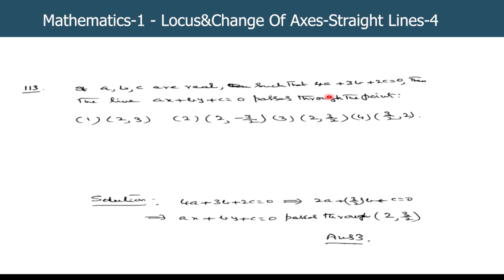Whenever you are given something like this, suppose I give you k1 into a plus k2 into b plus k3 into c equal to 0, where k1, k2, k3 are fixed numbers and k3 not equal to 0, then the line passes through... What you do is you divide the equation throughout by the coefficient of c, that means k3.